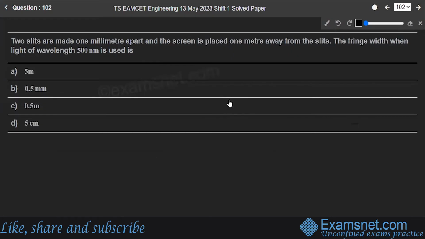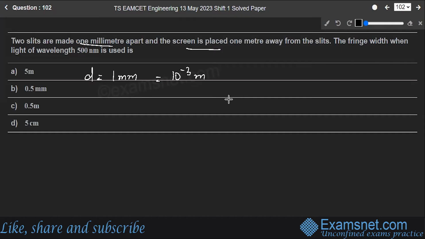Two slits are made 1 millimeter apart and the screen is placed 1 meter away from the slits. The fringe width when the light of wavelength 500 nanometer is used is. Let's write down all the things you are given. First of all, two slits are 1 mm apart. So that means small d is equal to 1 mm, or this is equal to 10 raised to power minus 3 meters.